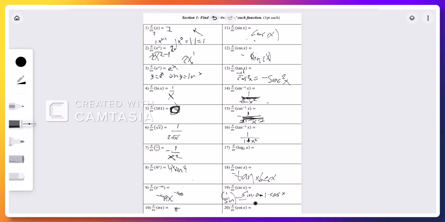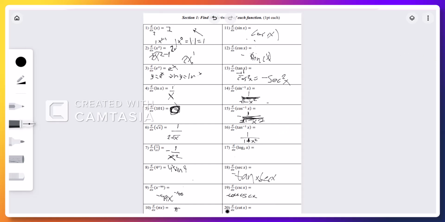So this is going to give us negative cosine x over sine squared. And this is going to give us negative cotangent, and it's going to be 1 over sine, so it's going to be cosecant. And I'll put this at the top.